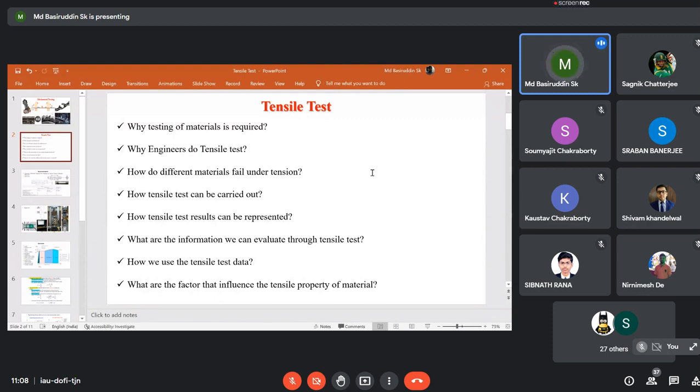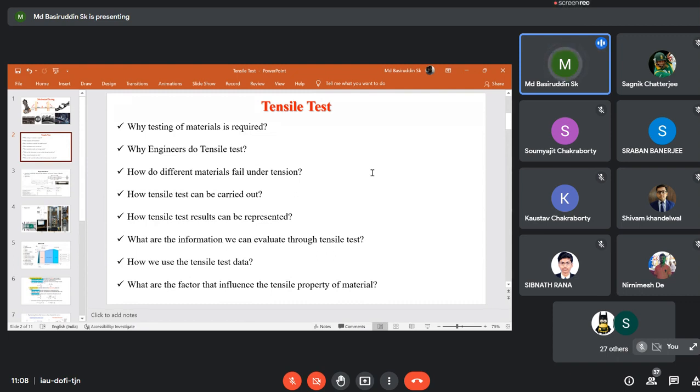That is why the crack opening happens, and then the crack propagates from one end to the other, and the material fractures into two pieces. So the straining rate is another important part.